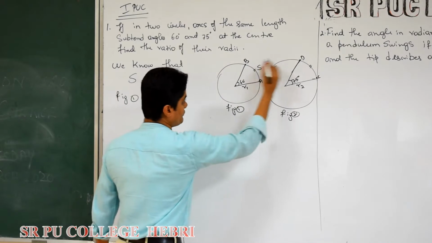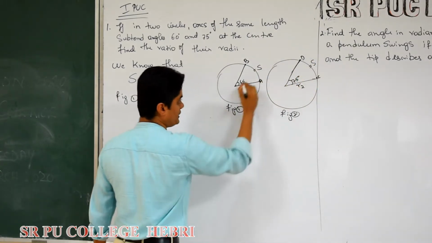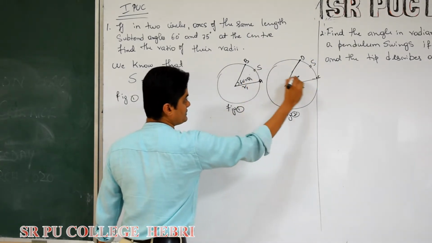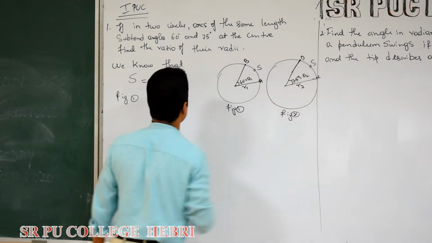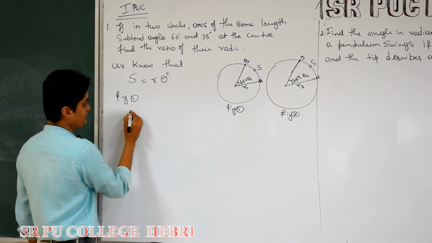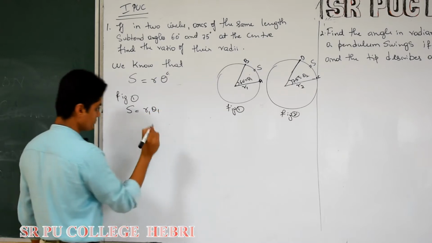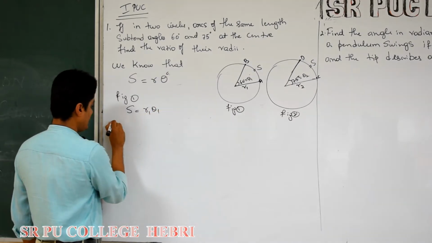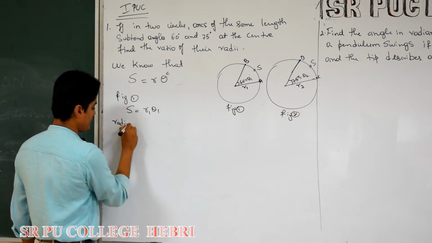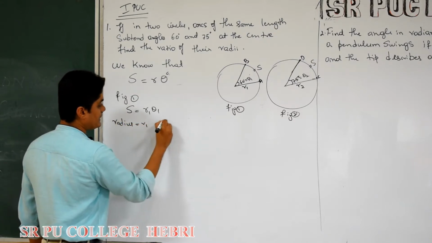See, S is the same for both. Let it be S and S only. This is theta 1. This is theta 2. So for the first figure, the formula is S is equal to R1 theta 1. Correct? Here our radius is R1 and angle theta 1.